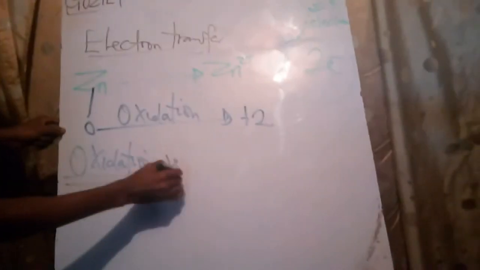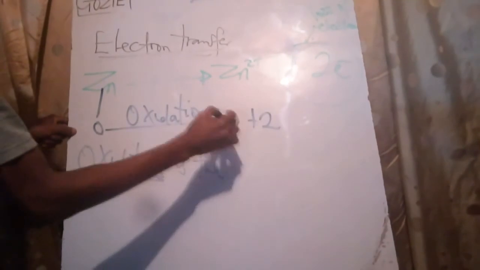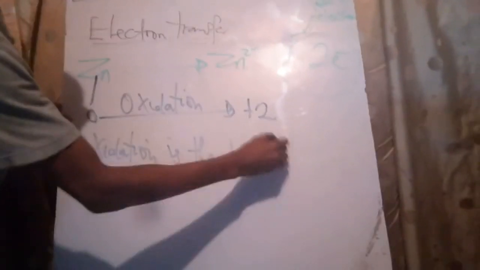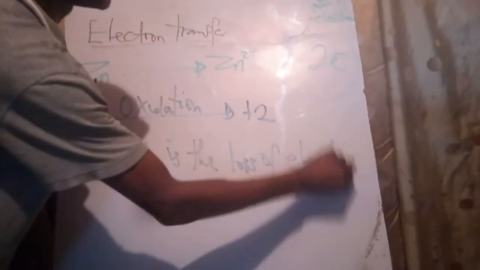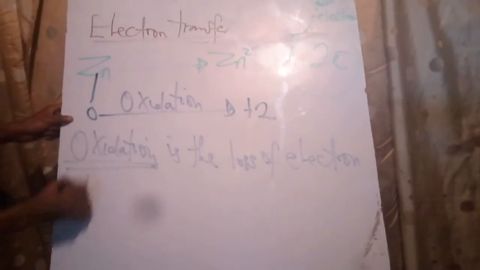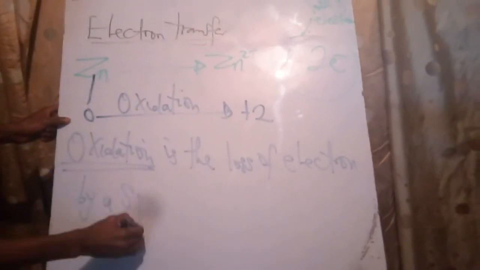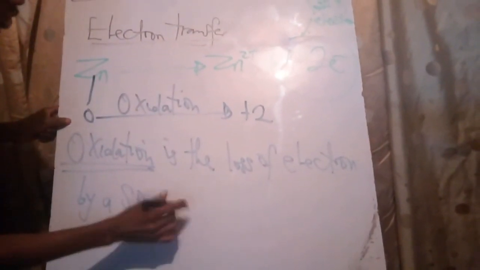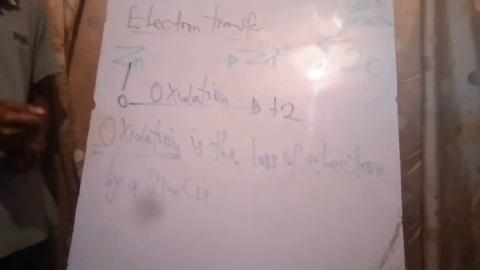So we can now infer that oxidation is the loss of electron by a species. That is the meaning of oxidation.